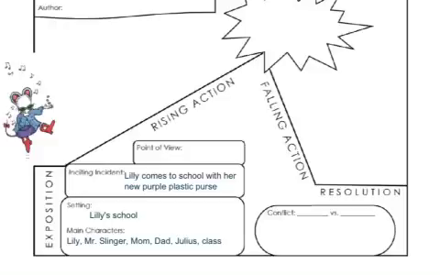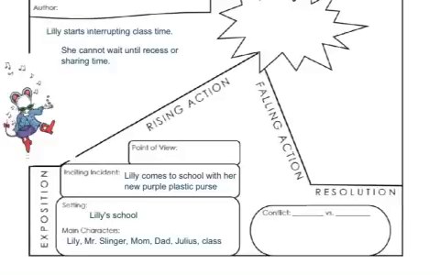And so what does she start doing? In the rising action, she starts disrupting her class, right? Lily also cannot wait until recess or sharing time. So ultimately, Mr. Slinger has to take away her purse and her sunglasses and keep them on his desk.